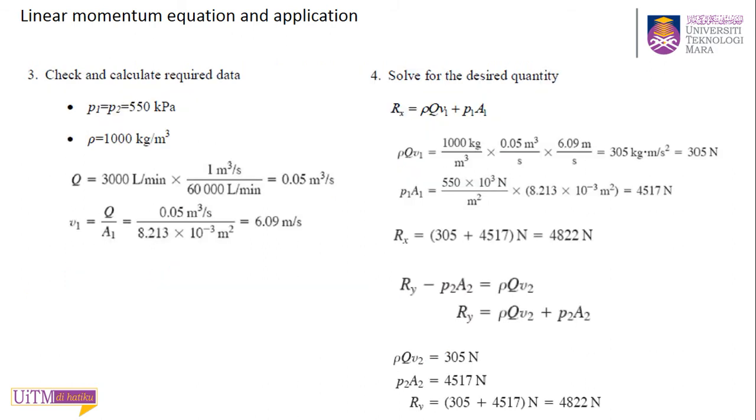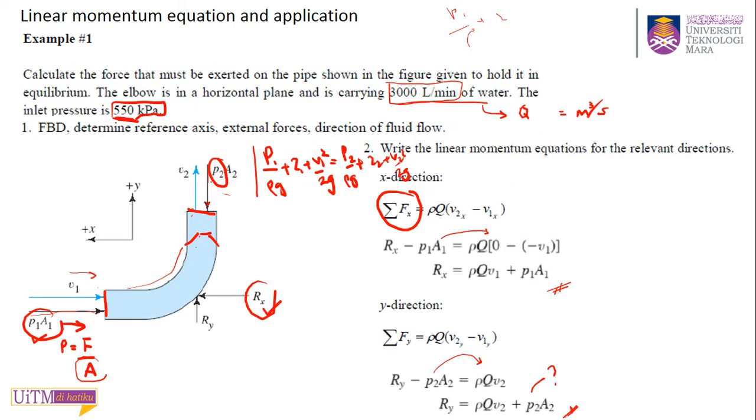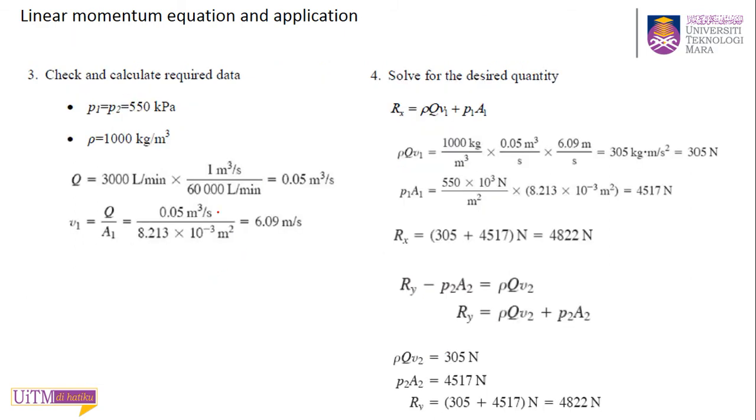Okay, but in this case, the pressure is just the same as P1, 550, and rho is 1000, and for Q, they give you 3000 liter per minute. You need to know how to convert this to meter cube per second. That's why they divide by 60,000.